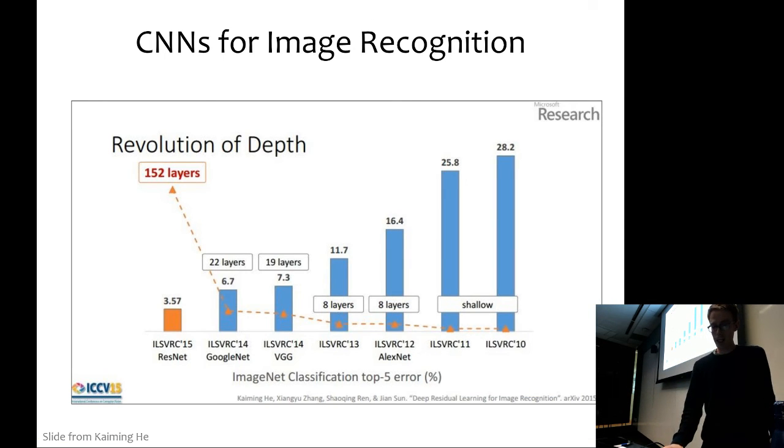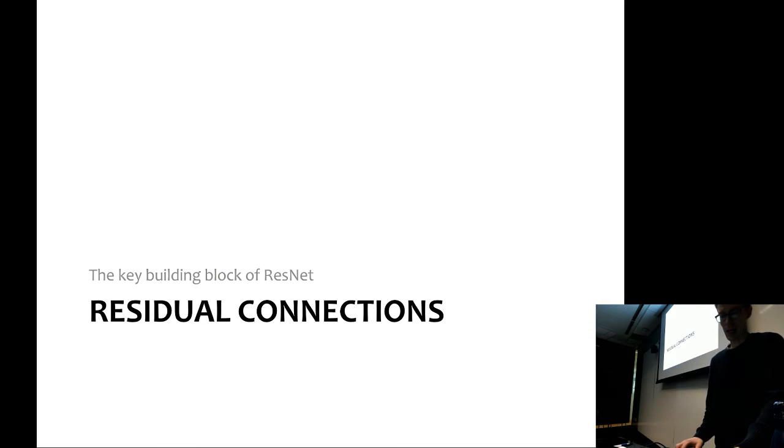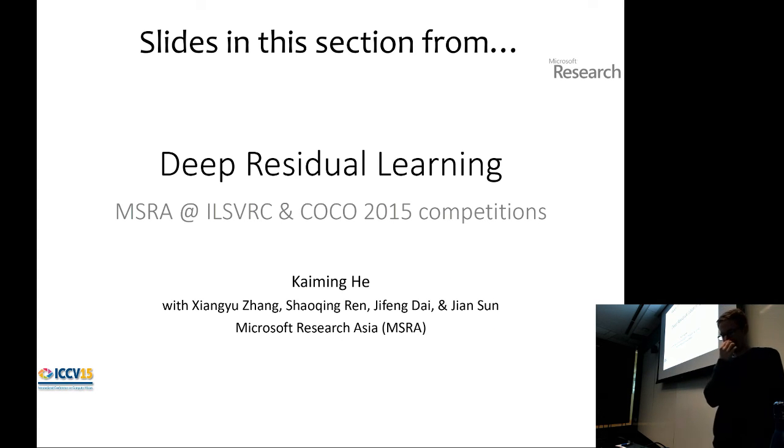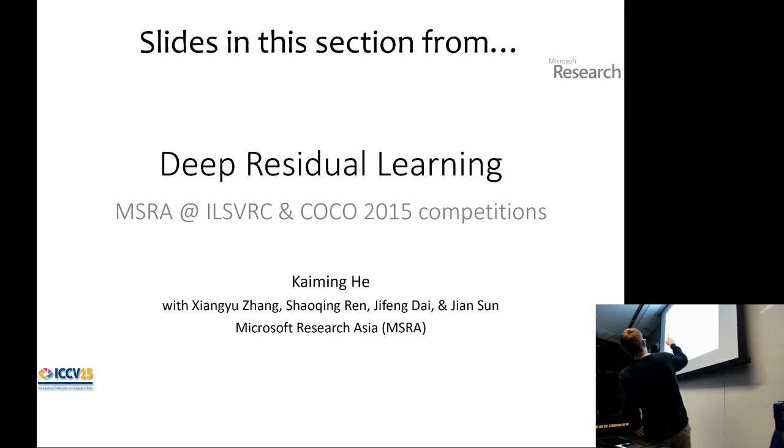So what I want to do with the last couple minutes is talk about a third architecture, which is ResNet. And the key building block of ResNet that I want to highlight here is that of residual connections. Okay, so these slides are stolen from Kaiming's actual talk, and this was at ICCV 15.